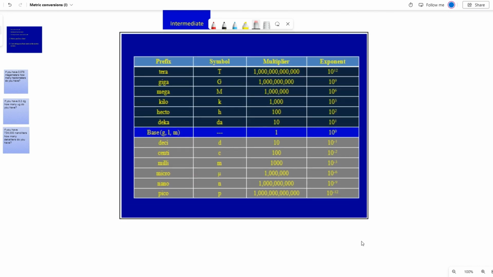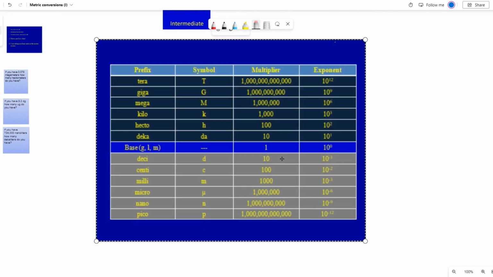So here we have the metric chart here. And what this shows us is in the middle, in blue, we have the base units, so a gram, liter, and a meter. And then everything above it is larger, and everything below it is smaller. So if we take a look, everything above the base unit is larger.